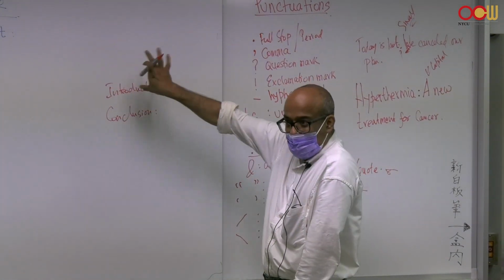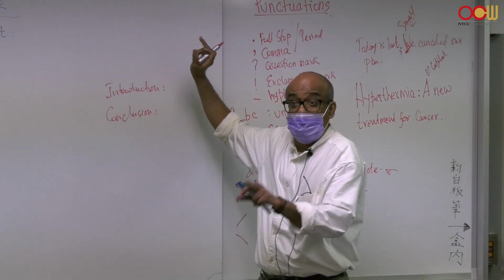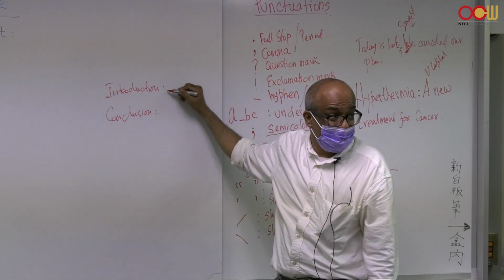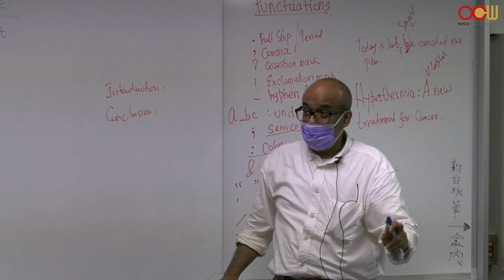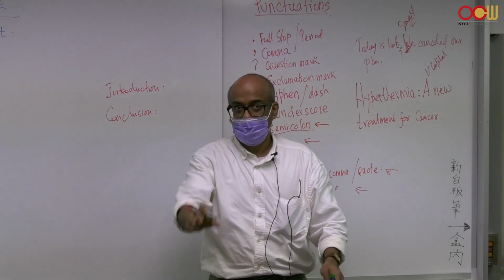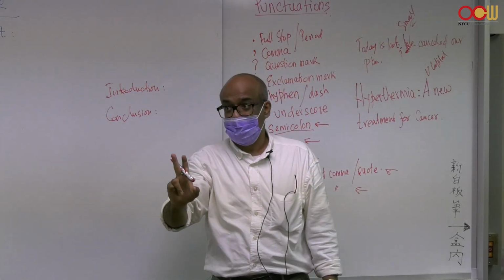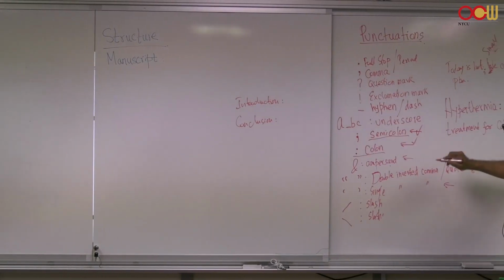So it's always in the title. Title of the section, title of the manuscript, we use this. Otherwise, in normal paragraph writing, we don't use colon. So forget about semicolon and colon in paragraph writing. Only in the title you use them. So these two are done.